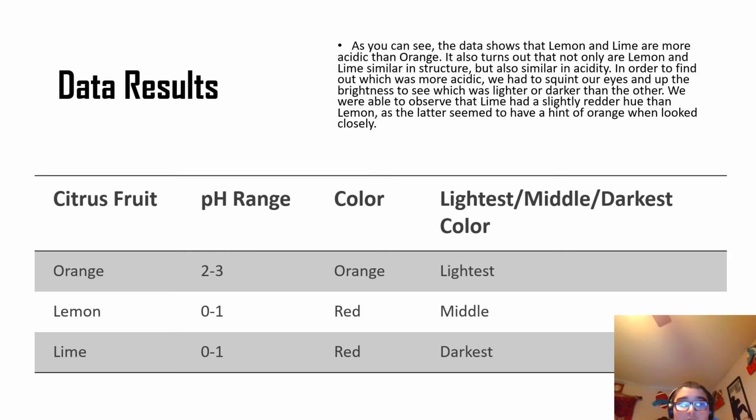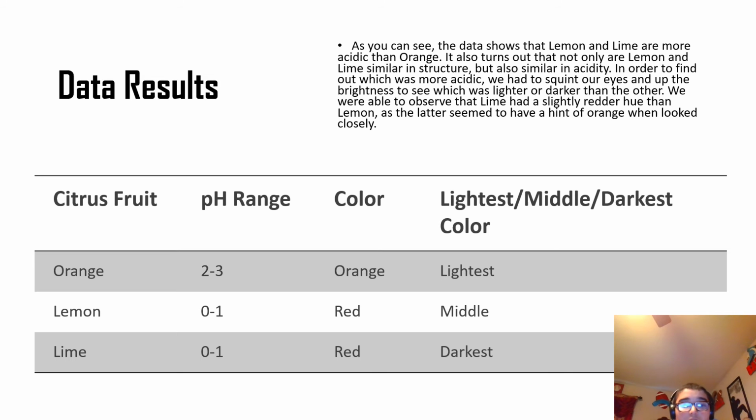Now, although it appears that lemon and lime are exactly the same, that's actually not the case. They are very similar in acidity, but they're not the same. If you look closer at the pictures, lime has a slightly redder hue compared to lemon, because lemon seems to have a hint of orange to it when you look a bit closer.